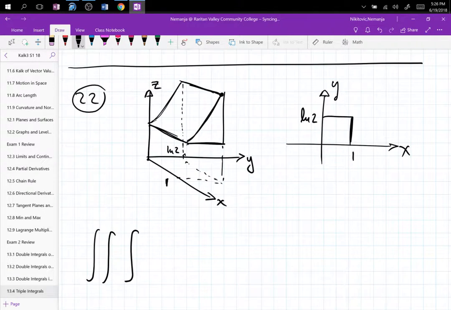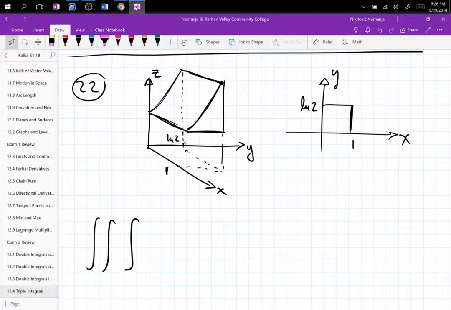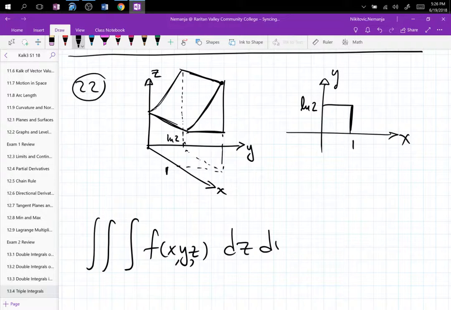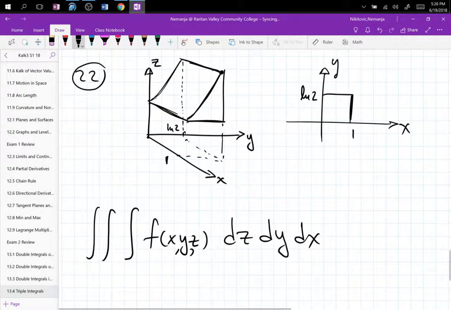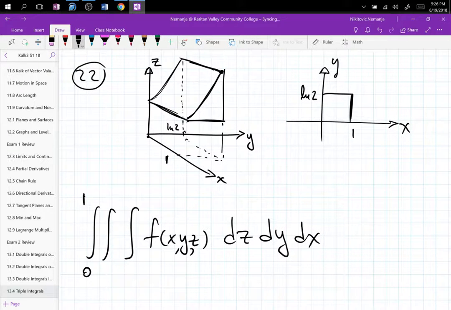As we are setting this up, maybe you have X, Y, Z here, maybe you don't. That's up to the rest of the problem. We are going dz, dy, dx. Outer x is 0 to 1, because a representative rectangle stretches from 0 to 1. The top of the representative rectangle is always hitting ln2, and the bottom is always hitting y equals 0, which is the x-axis.